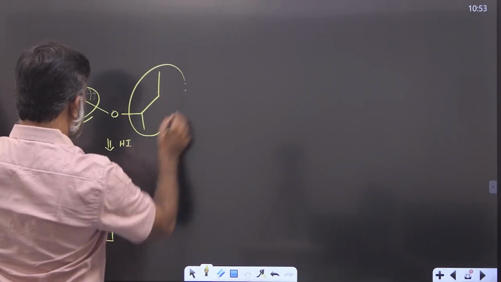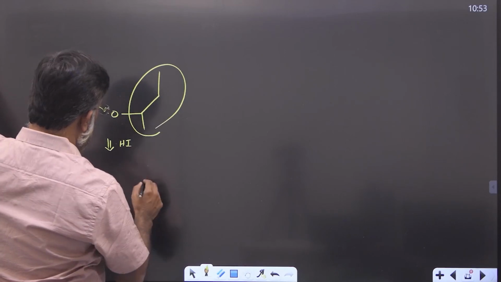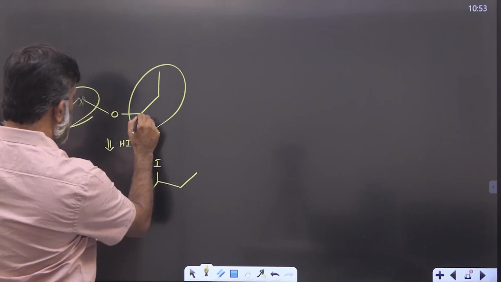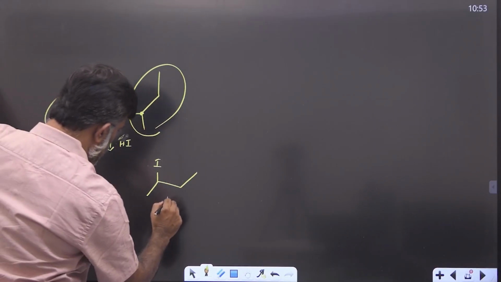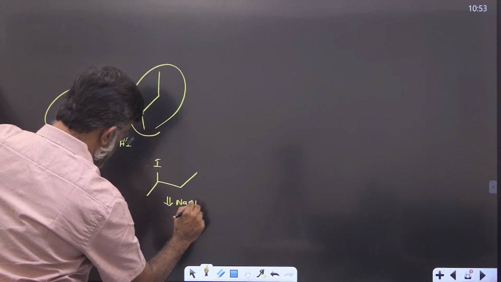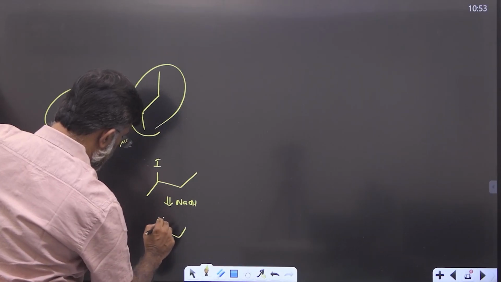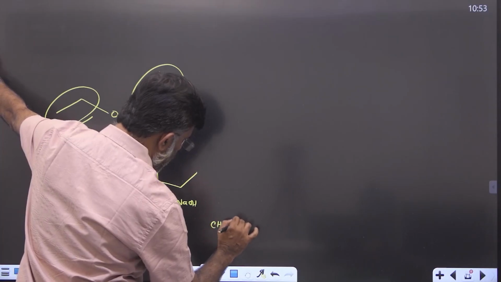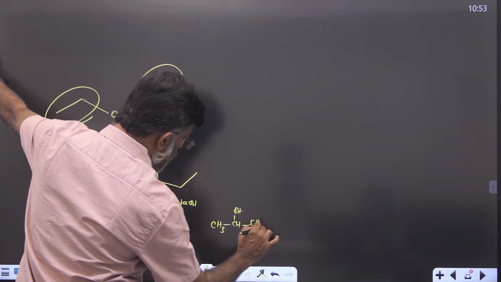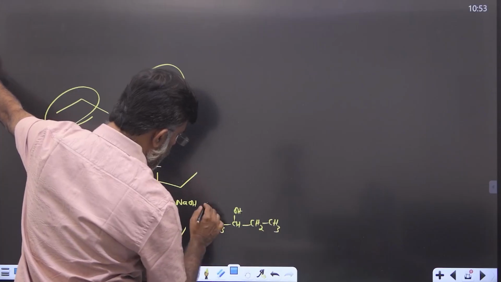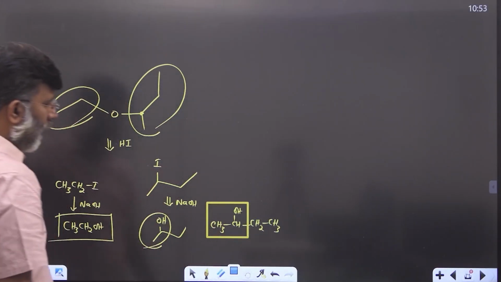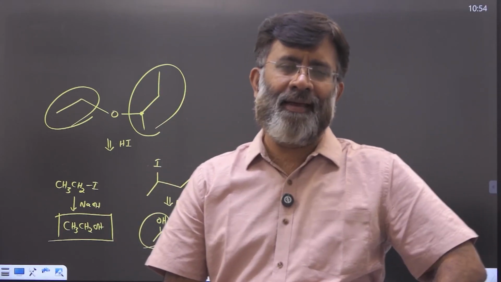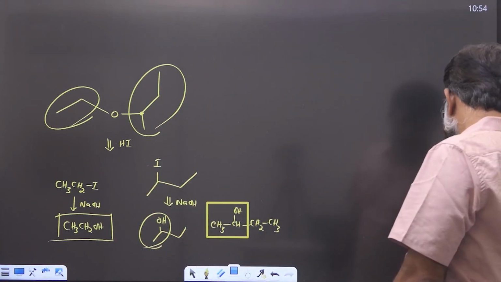And now this part of the molecule, you are going to get this iodide, and that upon treated with NaOH, you will get this. This is a methyl carbinol group. Have a look at that: CH3CHOHCH2CH3. This is a methyl carbinol group, and that can respond to haloform test. Third choice is the correct answer.